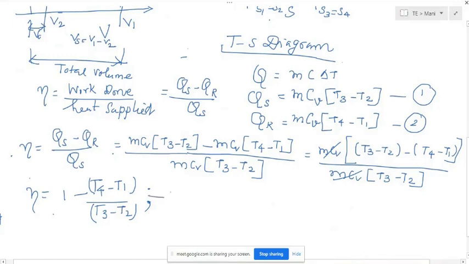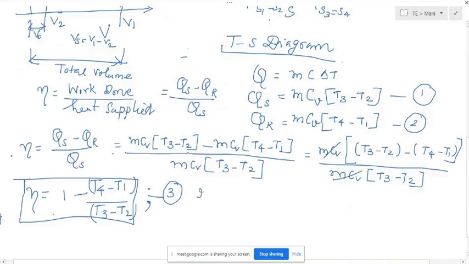So this is equation number 3. Okay. So this is a basic formula. If the temperature terms are given in a problem, you can use this formula for measuring the efficiency of an Otto cycle, right? Okay. So again, we need to simplify the equation, just replacing the temperature terms. You can go for a further extension, right?